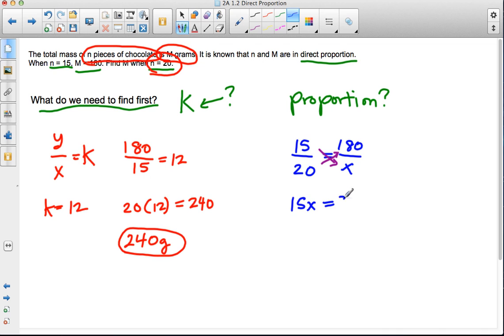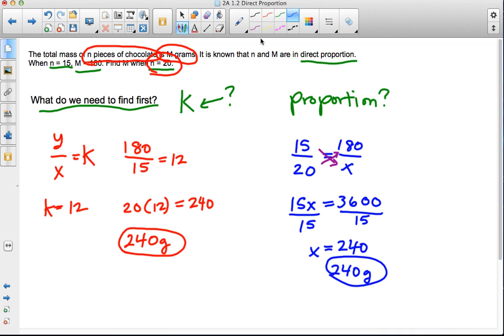Add 2 zeros. And then I divide both sides by 15 to isolate x. And so I get x equals 240. So my answer is 240 grams. You'll notice both ways get me the same answer. So it might be helpful to think about using the constant, or it might be helpful to set up a proportion depending on what's given.